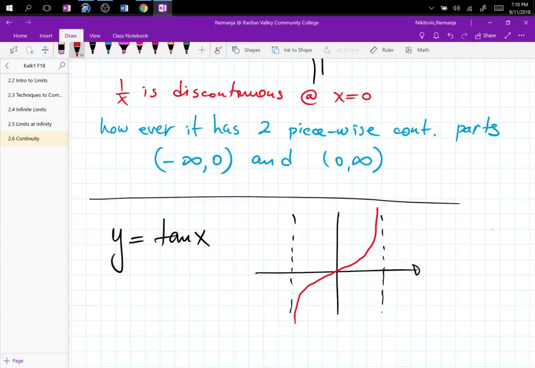Only the piece between negative pi over 2 to pi over 2 is the continuous piece. Then you have the next continuous piece from pi over 2 to 3 pi over 2. And, as I said, every odd pi over 2 will have the vertical asymptote and another continuous piece trapped within.